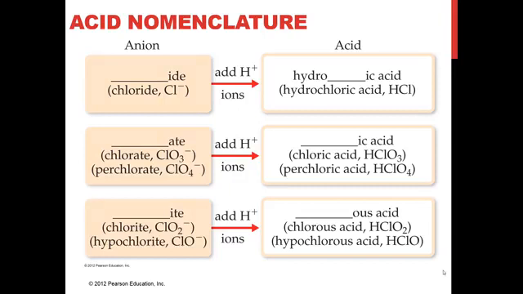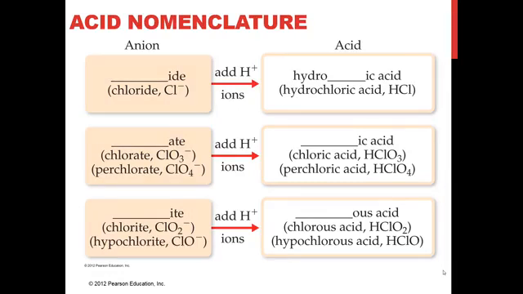The first anion is an anion that ends in IDE, meaning an anion that does not contain any oxygen, such as chloride, Cl1-. To turn chloride into an acid, if you add H+ to it, you get HCl. If we want to name HCl, the first thing that we will do is insert in front of the word chloride the prefix hydro.